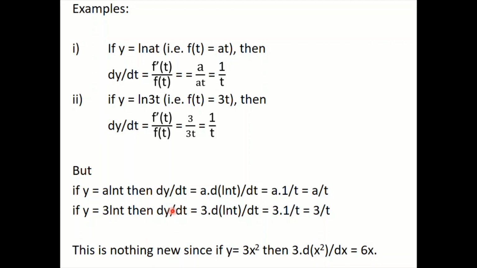So finding dy/dt, we would need to treat our 3 similar to how we treat a coefficient whenever we are finding the derivative. For example, if we look at the bottom here, y equals 3x squared, we would keep the 3 and find the derivative of x squared and then multiply the 3 by the power.